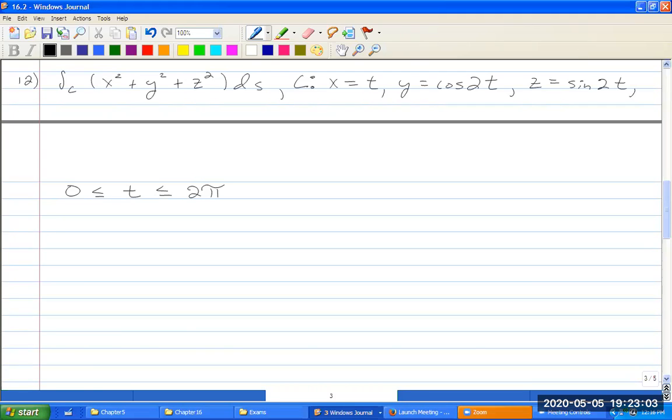Okay, so first off, let's see what ds is. Well, if you remember, dx squared plus dy squared plus dz squared is ds squared.